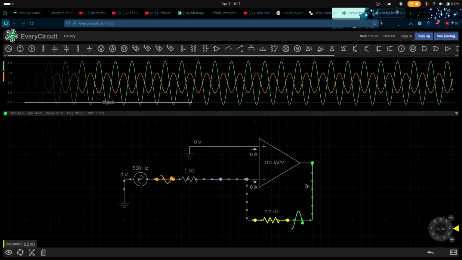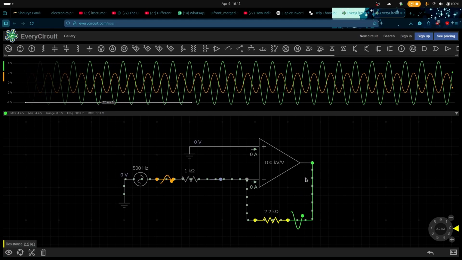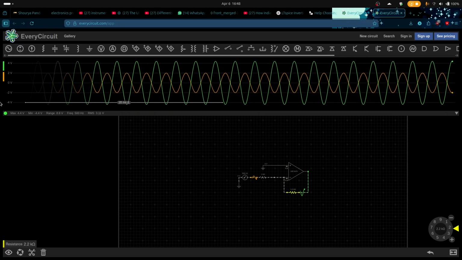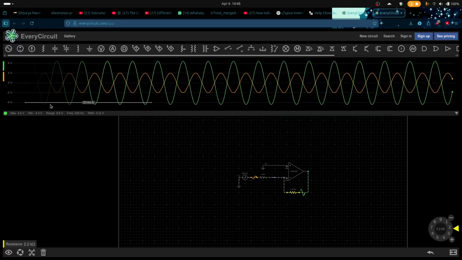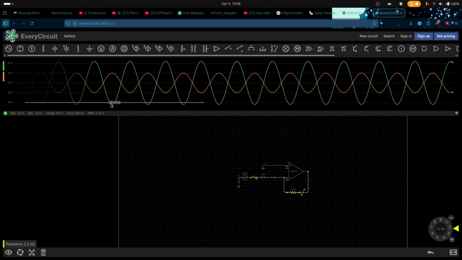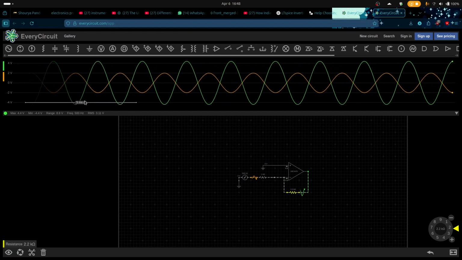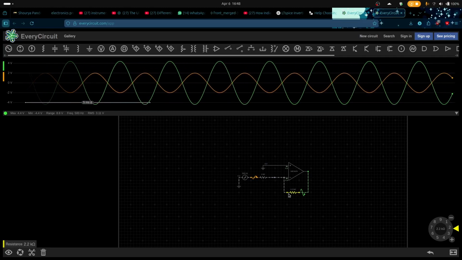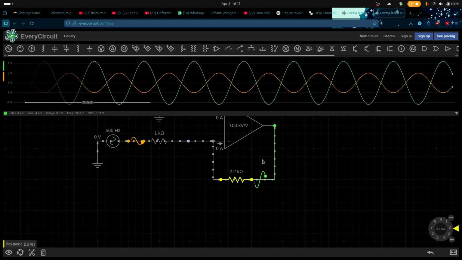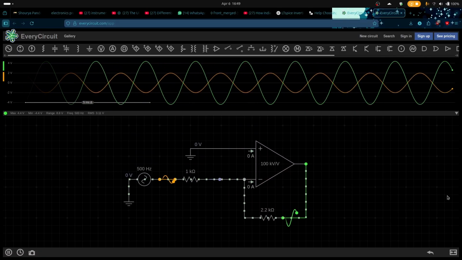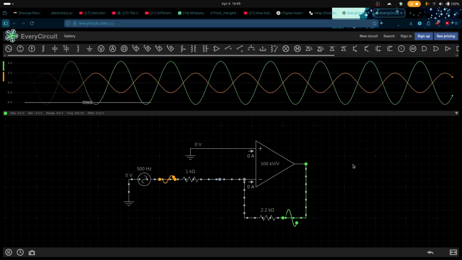This is a very nice software. I'll pin down the link below. But for more detailed analysis, we have to use LTspice. This is a good software if you want to clear out your basics or you want to visualize your circuits very well. Now let's move on to LTspice for the transient analysis.